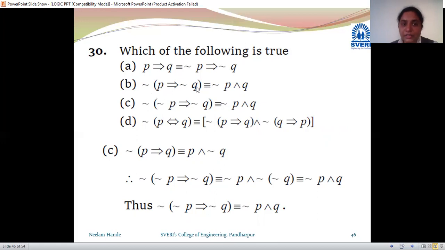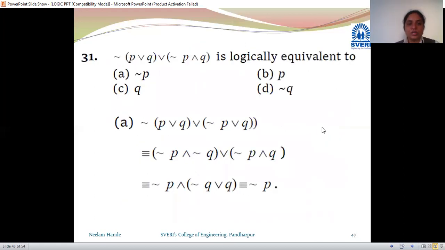Negation of P implies negation Q. Negation P and Q. This is the formula of implication, not the negation. Okay. So this is also not true. Negation of negation P implies negation Q. Yes, this is the formula we have. Correct one. This is also not the correct. So your correct option is option C.